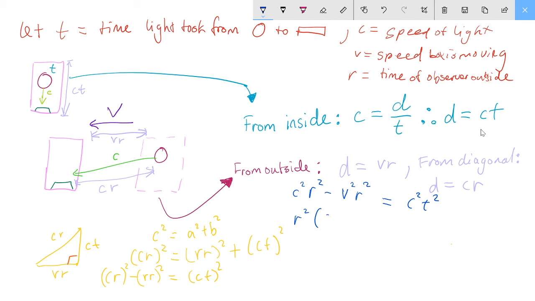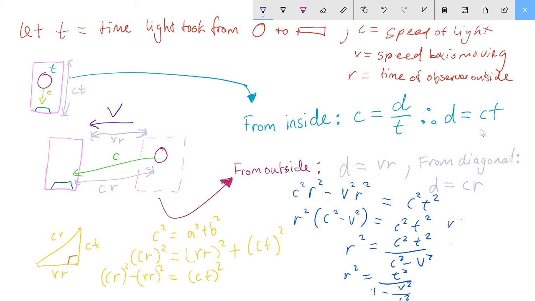Then you can take r^2 out: r^2 (c^2 - v^2) = c^2 t^2, so r^2 = c^2 t^2 / (c^2 - v^2), and then r^2 = t^2 / (1 - v^2/c^2). Therefore r = t × 1 / sqrt(1 - v^2/c^2). So that is the Lorentz factor.